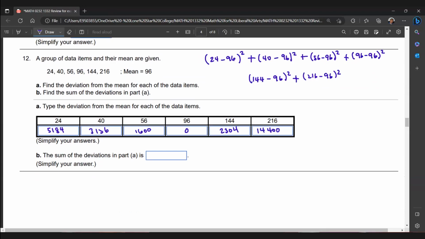And then they're asking us to find the sum of these numbers. So 5184 plus 3136 plus 1600 plus 0, 2304 plus 14400. I get, in this case, 26,624. Okay.